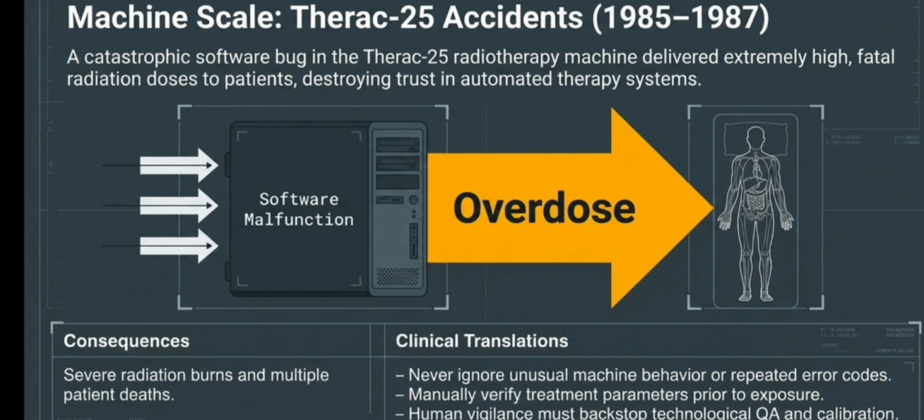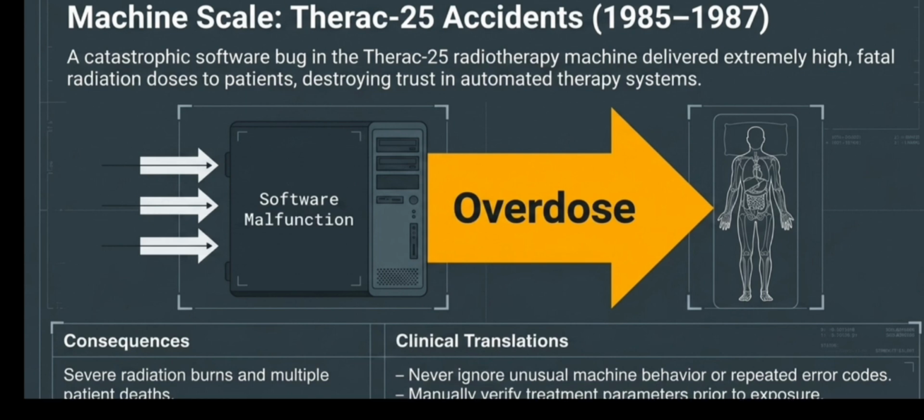Then the machine scale, the Therac-25 accidents that occurred between 1985 and 1987. The cause was a hidden software bug in the radiotherapy machine that delivered extremely high, fatal radiation doses to patients.